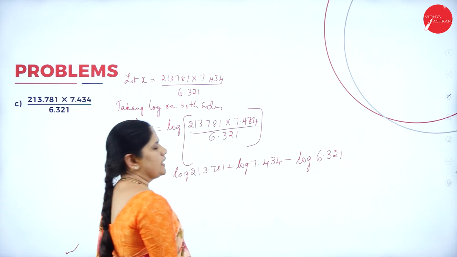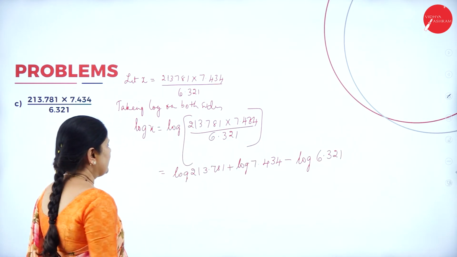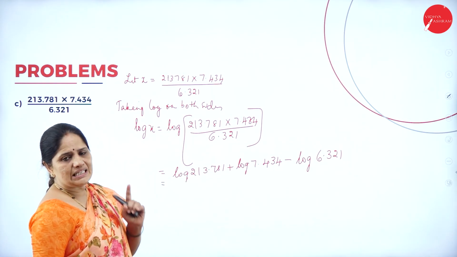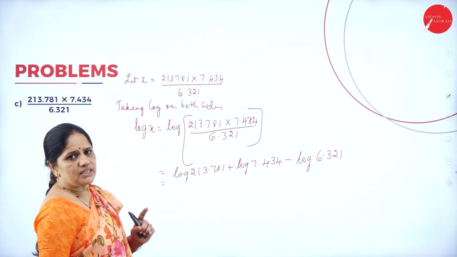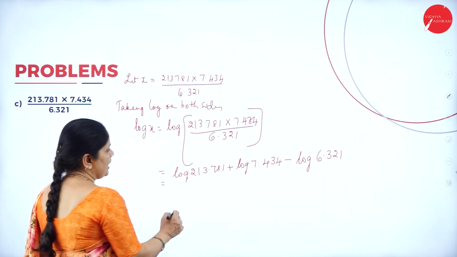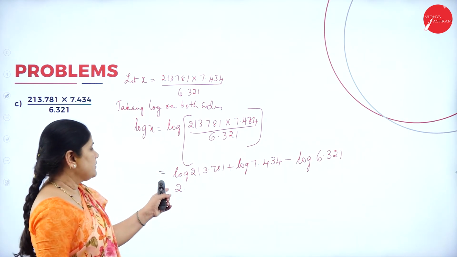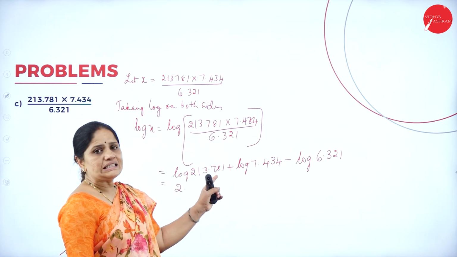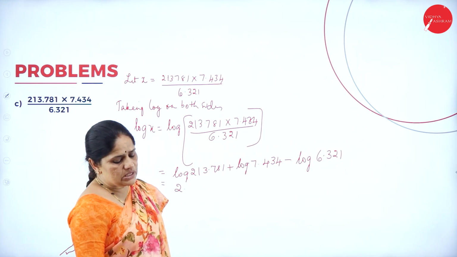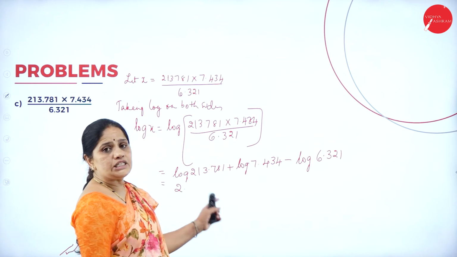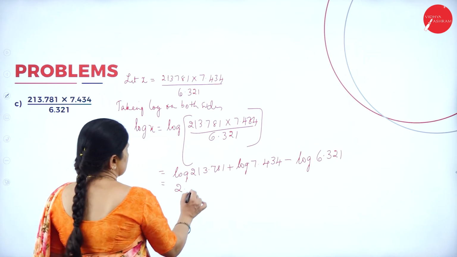Now we will find out the log values here. Log of 213. There are 3 digits, and 3 minus 1 is 2. So I will write it as 2 point. Now I have to find the value of 2137. When I use the log table, I get 2.3298.